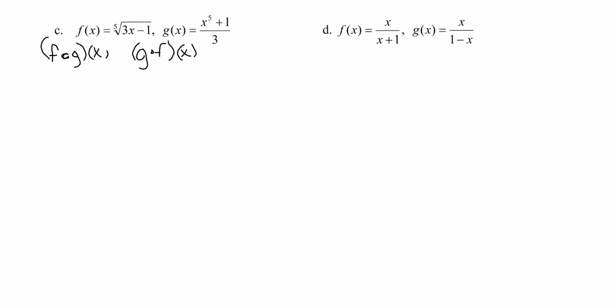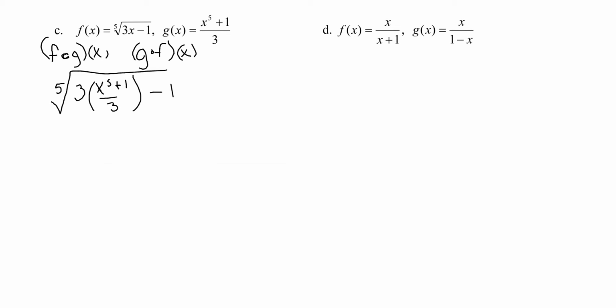So if we start the first one, f is the 5th root of 3x minus 1, but I'm going to do the 3, and then instead of x, I'm going to plug in g, so I'll have x to the 5th power plus 1 divided by 3 minus 1.